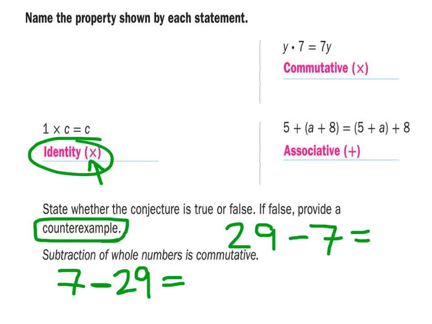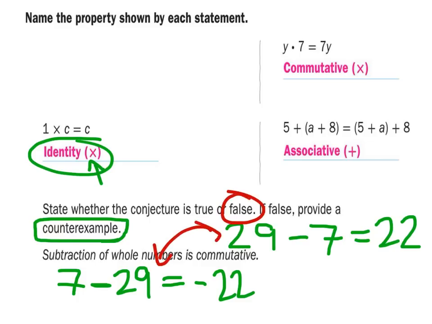What is 29 minus 7? 22. What's 7 minus 29? Negative 22. So is it true or false that subtraction of whole numbers is commutative? That's false, and we've provided the counterexample with these two.